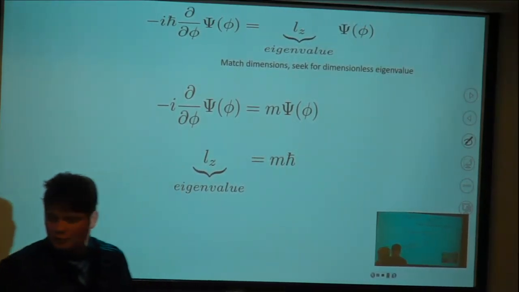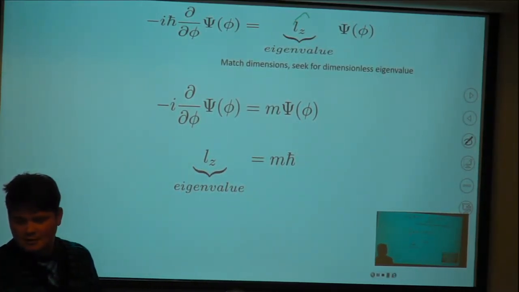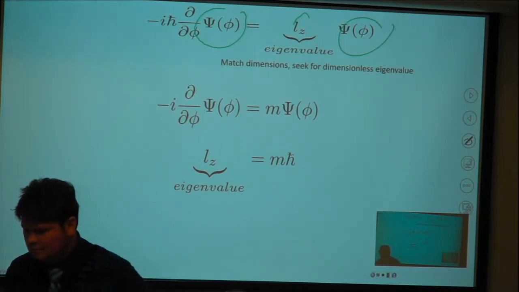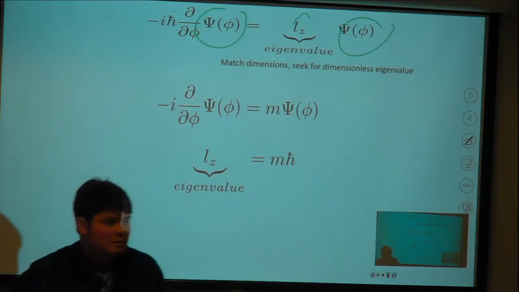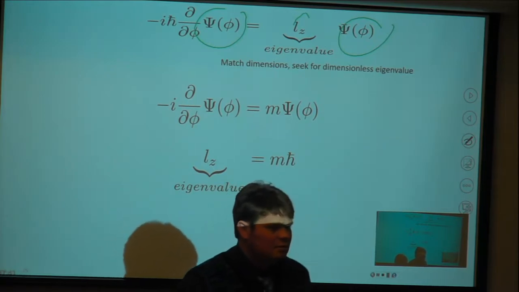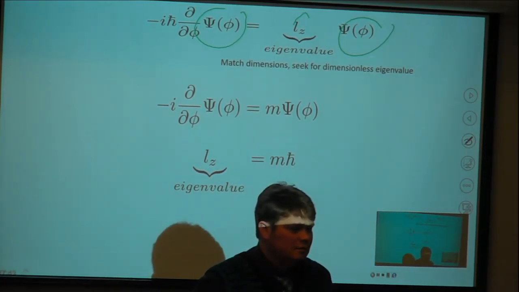So, operator, unknown function. Why do I write it this way? Is everything right here? Technically, yes.